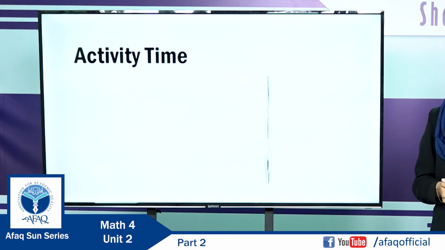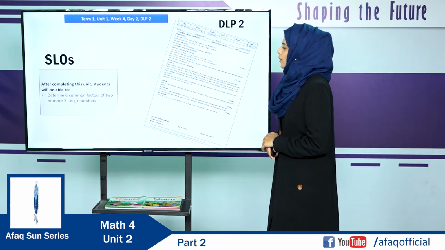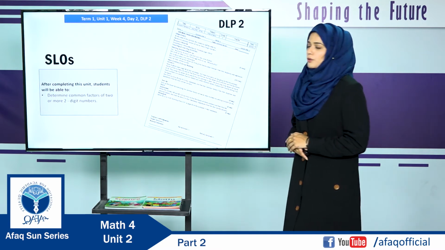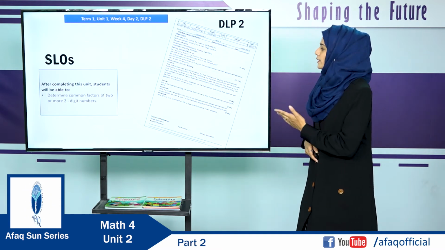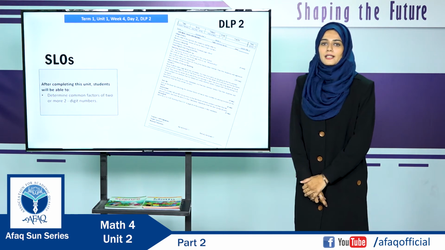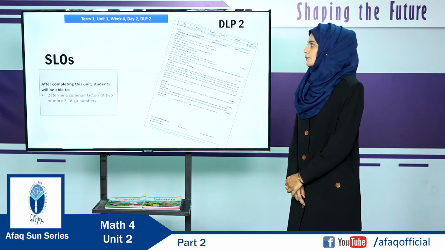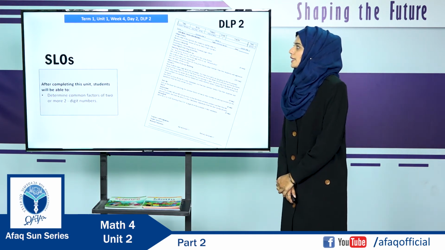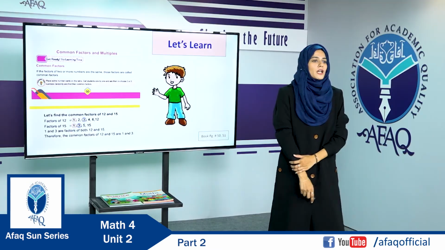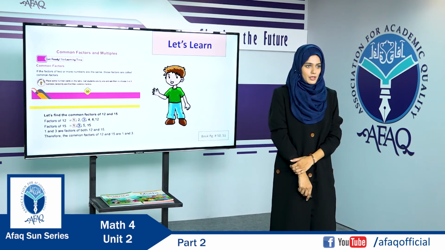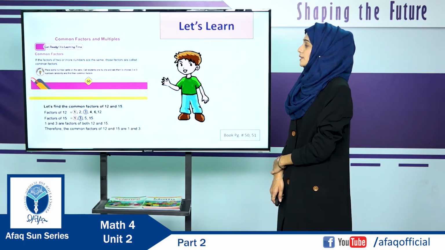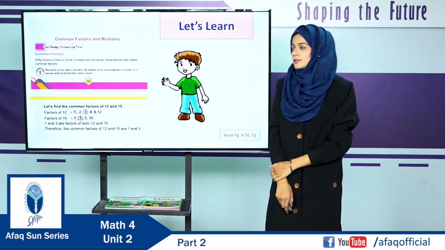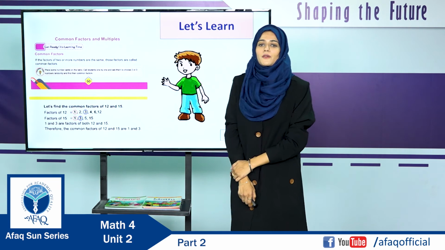Let's see the other concept. We are going to determine common factors of 2 or more than 2 digit numbers. To cover this, the methodology has been provided in DLP 2, which falls in term 1 unit 1 of week 4 day 2. On page number 50 and 51, we are going to discuss common factors and multiples. Let's see the definition of common factors.